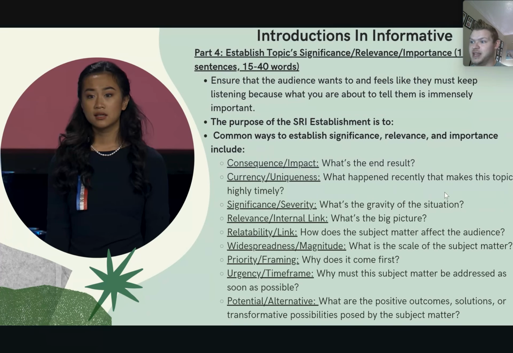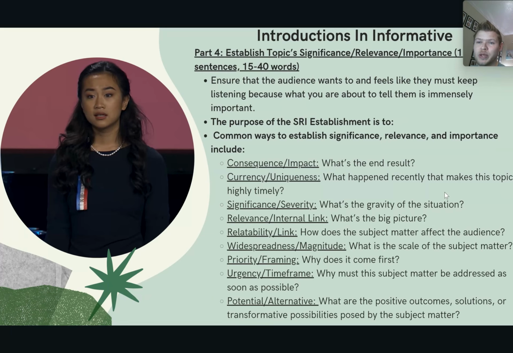The purpose of this is to make your speech more memorable to the audience, to prompt the audience to think more deeply about your topic, to play on the audience's selfishness or self-interestedness, to appeal to the audience's values, to build goodwill with the audience, and to gain mental priority of your speech over your opponent's speeches in the judge's mind.